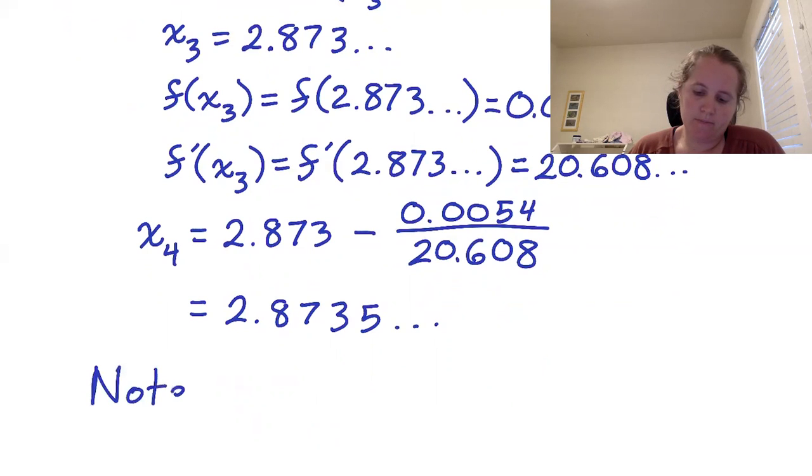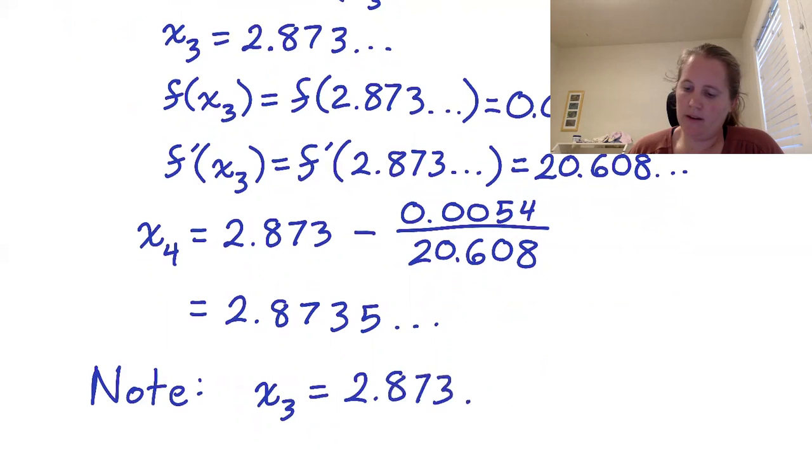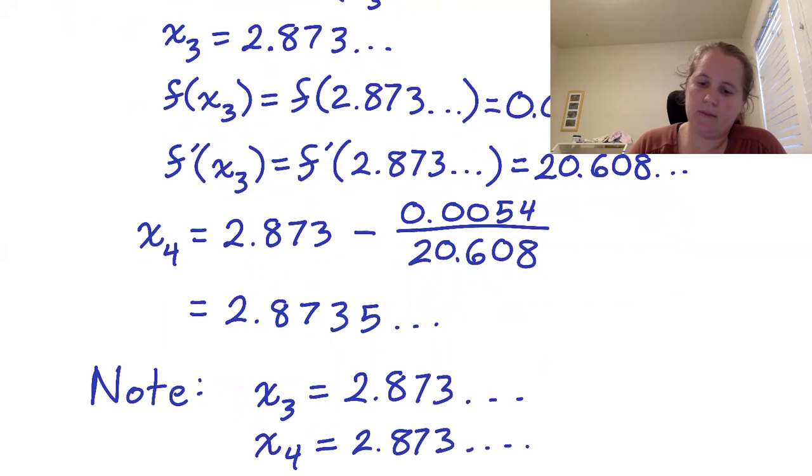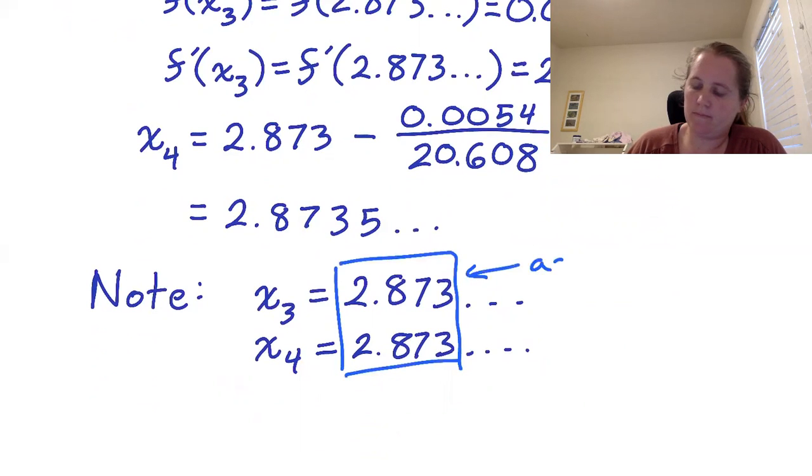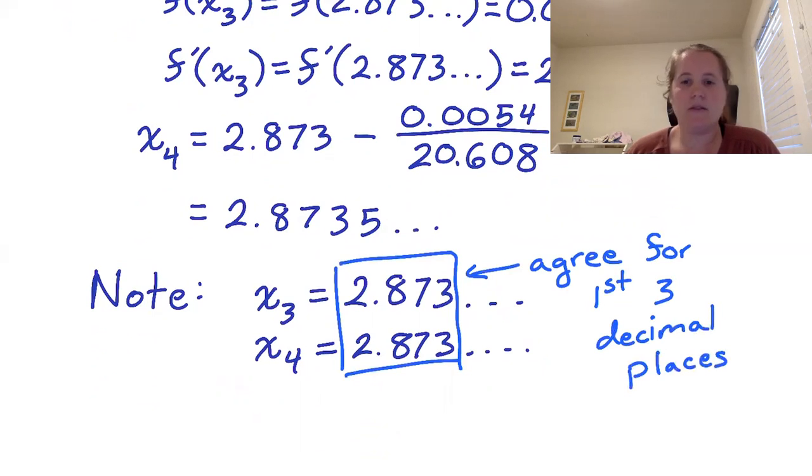So note, x3 is 2.873 something, and x4 is 2.873 something. These agree for the first 3 decimal places. If they asked to approximate to 4 decimal places, we would have to keep going until they agreed for the first 4, right?